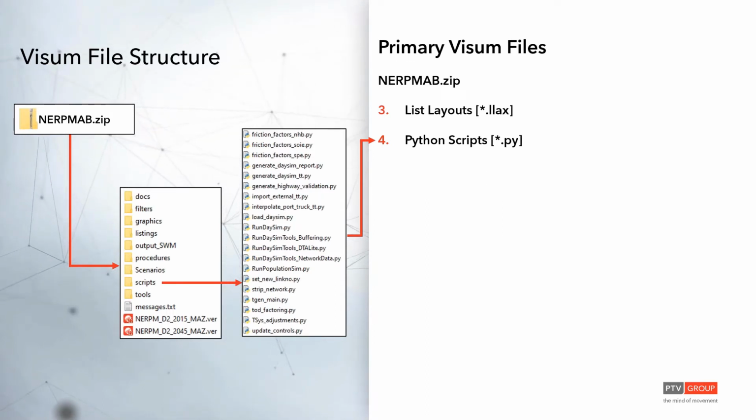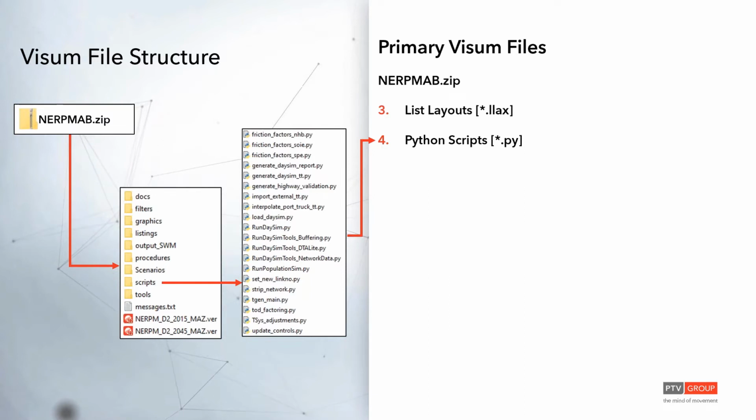For Python scripts, the extension is .py, and for typical use of this model, you would not have to update or configure these files in any way. These are there in the background, and they get called by Visum to perform specific tasks. A normal user would not need to change these, but you are welcome to look at them if you're interested.